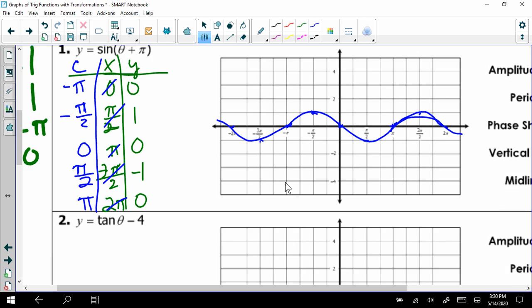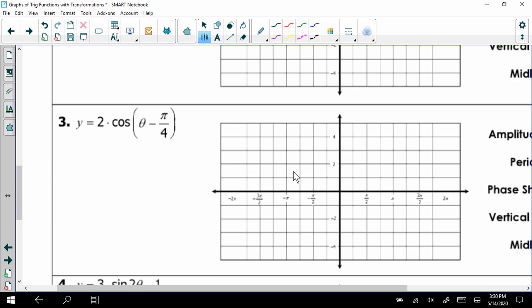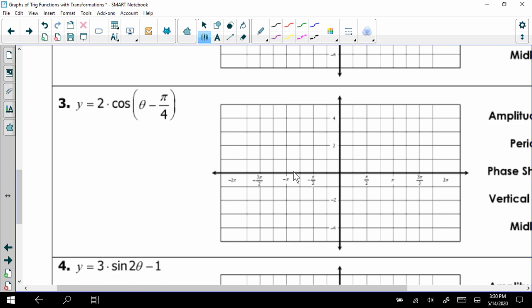Okay. Now, we are going to skip 2, and we are going to go to number 3. In number 3, we have an amplitude change, because our A is 2, and we have a phase shift, because our C value is pi over 4.